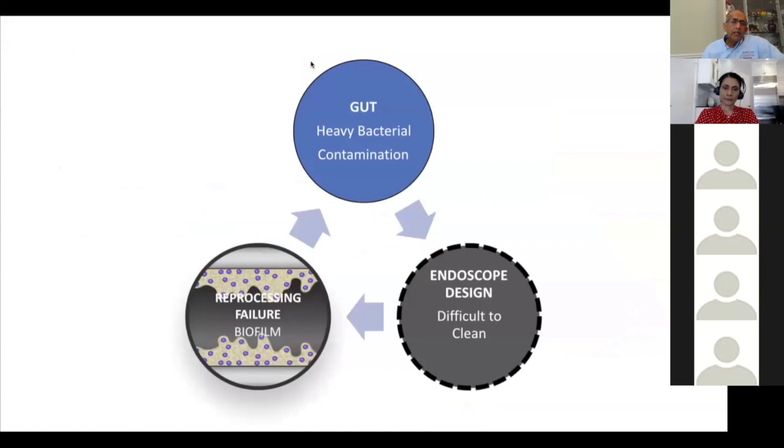So when you look at it, there are three basic principles that we need to understand. The scope goes through the gut. The gut has a lot of bacteria, and we will talk about that. Then the scope has a design that is difficult to clean. We will talk about why it is difficult to clean.